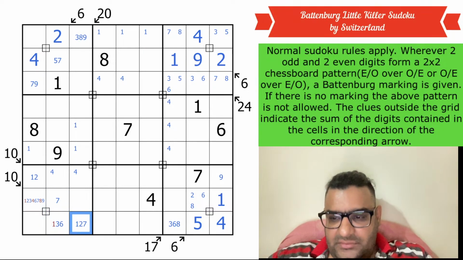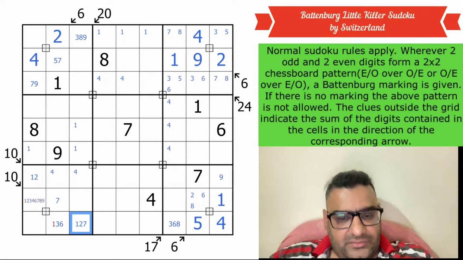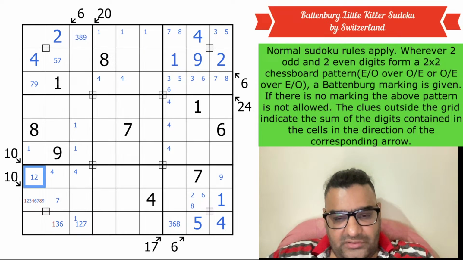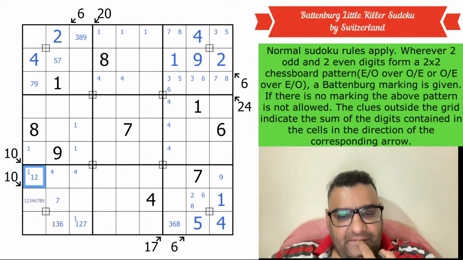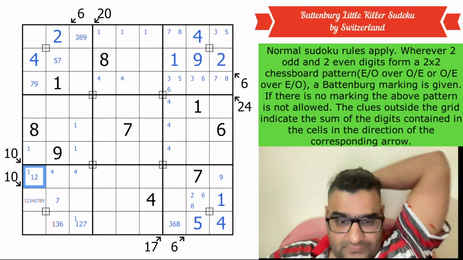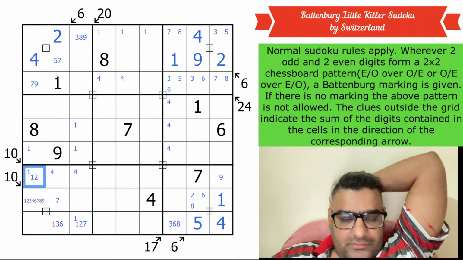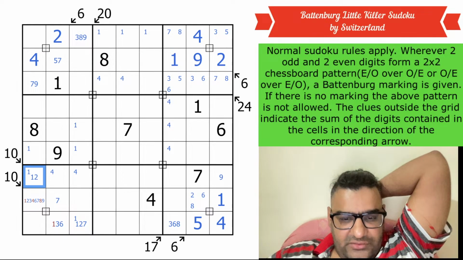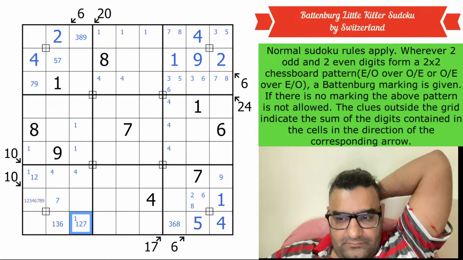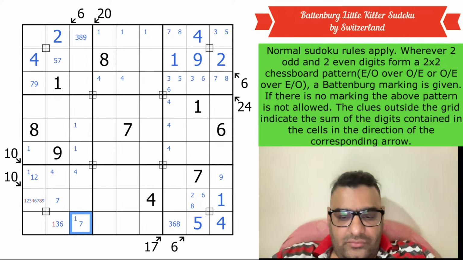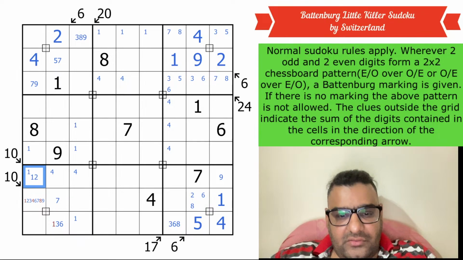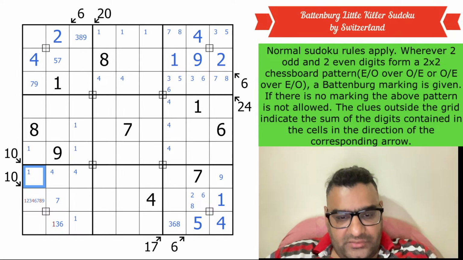So this number can have a 1 or this number can have a 1 in both conditions. Now I have to get rid of 1, 2 and 7.